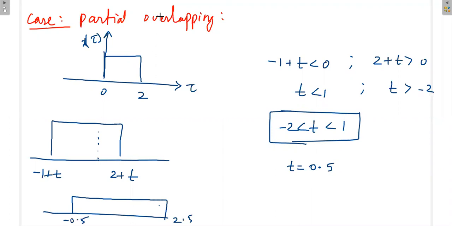But we are saying partial overlapping, and here we are getting complete overlapping. That means the first signal is completely inside the second signal. So this one is wrong.